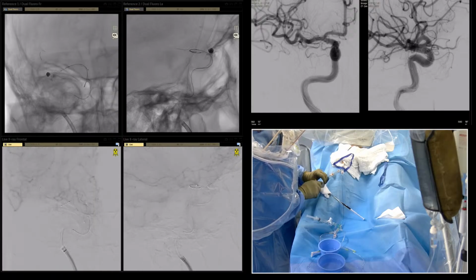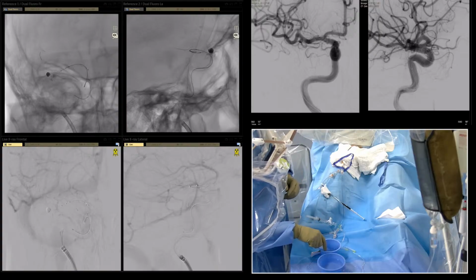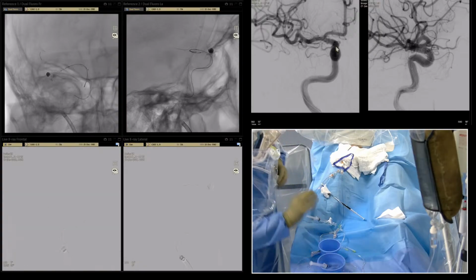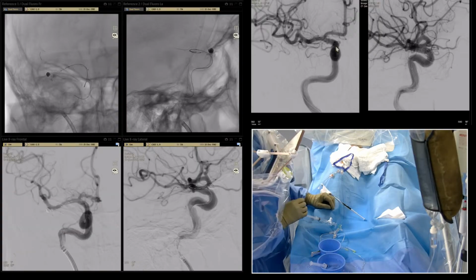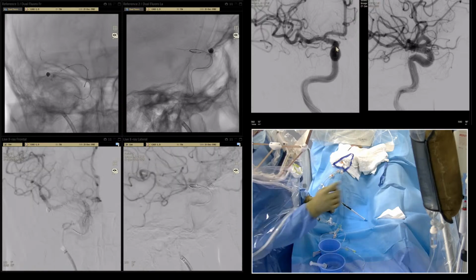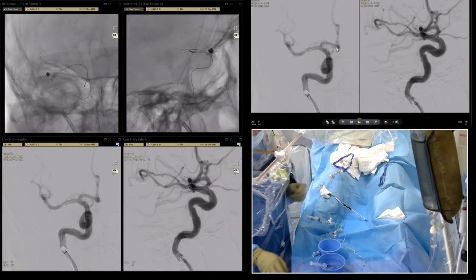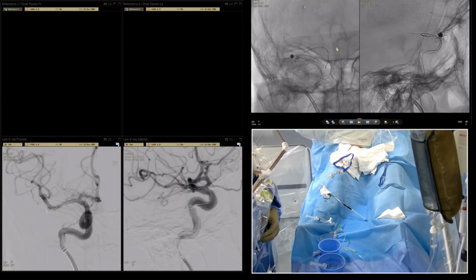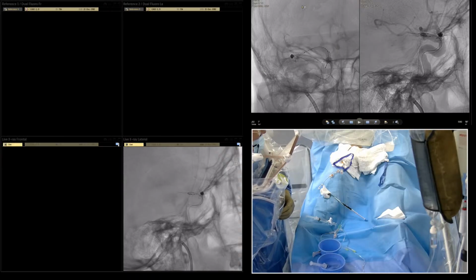Yes, now the bleeding is stopped. It's okay. But the small piece is already in the opercular territory, yeah? Okay. Just a second. Yes, the bleeding is stopped.